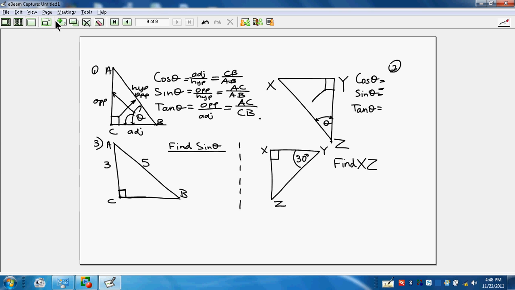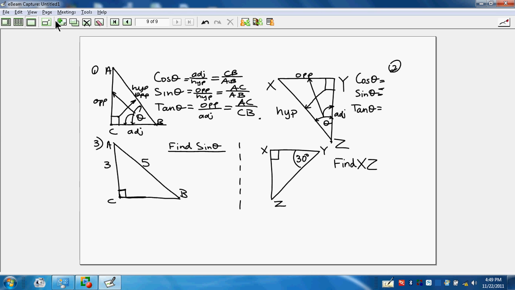The hypotenuse would be the side opposite the right angle, which means that XZ will be the hypotenuse in this triangle. The opposite side will be the side furthest away from the angle being considered, which is theta, and therefore XY would be the opposite side. And the adjacent side will be the side closest to theta, and that will be the side YZ.